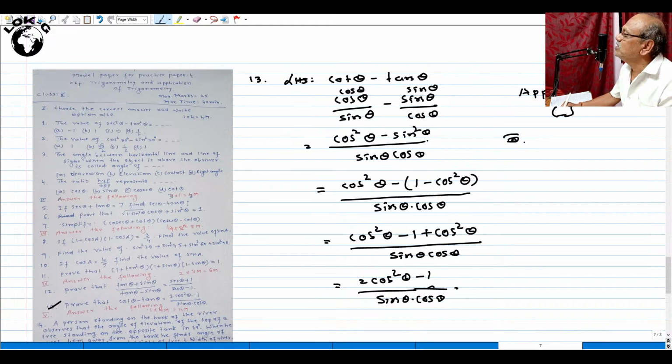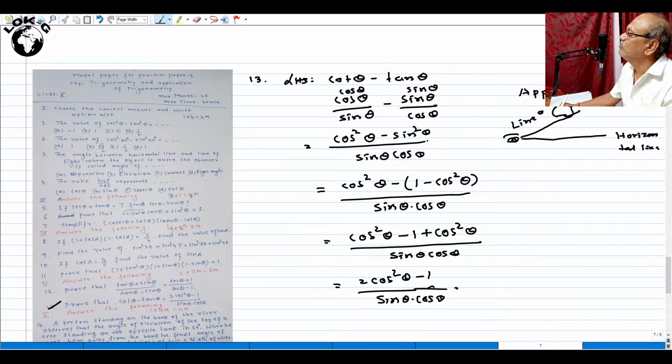This particular line parallel to the ground is called the horizontal line. There are only two concepts in this. And the line through which the observer can see this cloud is called the line of sight.